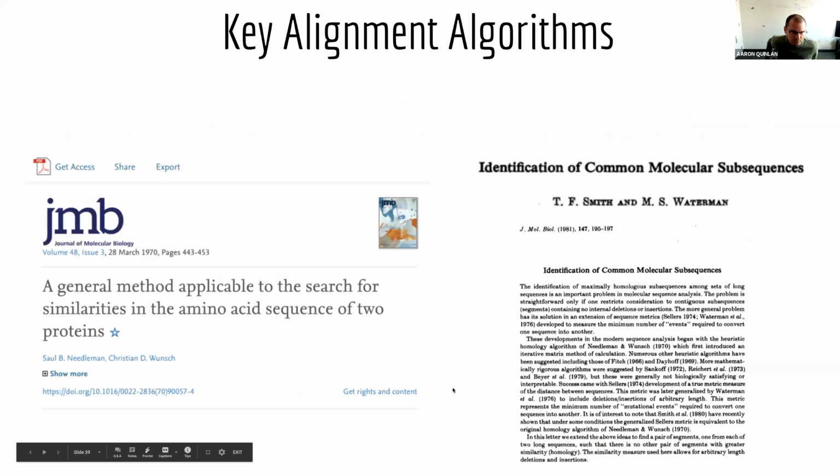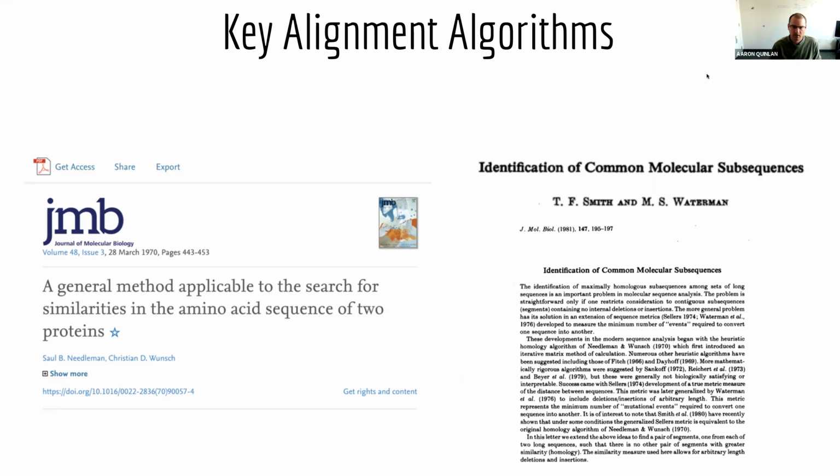Okay. So the two main papers that came out in this area were one in 1970 from Saul Needleman and Christian Wunsch. That's the so-called Needleman-Wunsch algorithm. And then 11 years later, T.F. Smith and Michael Waterman came up with another approach called the Smith-Waterman algorithm.